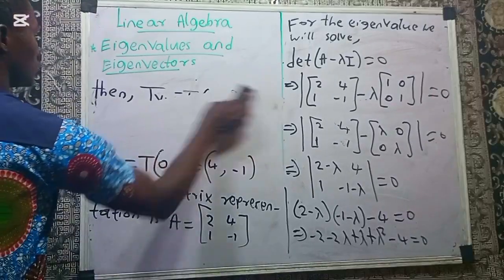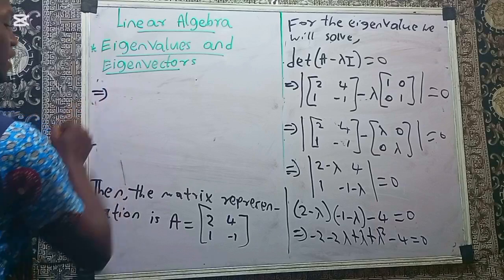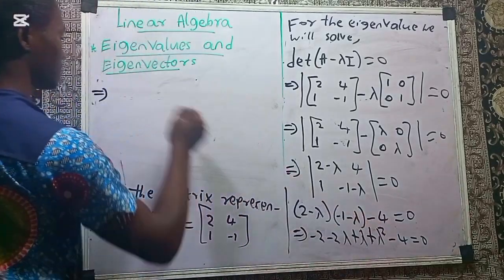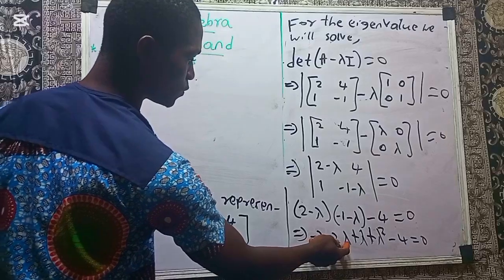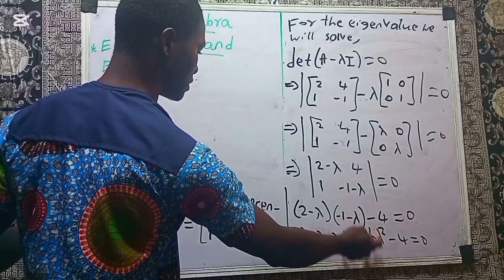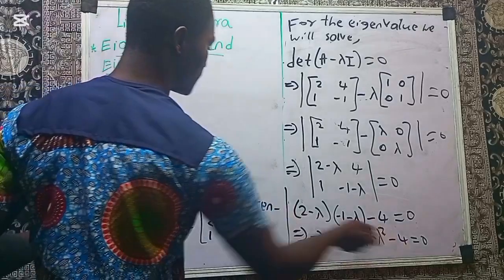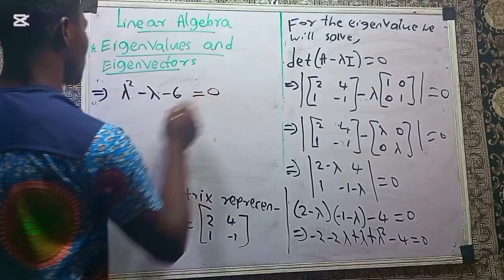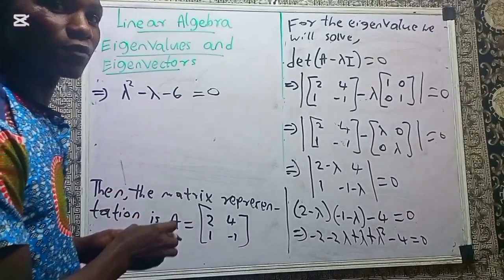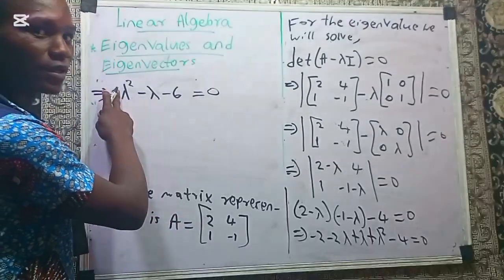So let's continue solving this side. We can write the lambda with the highest power first, right? That's positive lambda squared. Then negative 2 lambda plus lambda will give you negative lambda. Then negative 2, negative 4 is negative 6. And equated to 0. We have a quadratic equation. We can factorize, right? So what's the coefficient of lambda with the highest power?